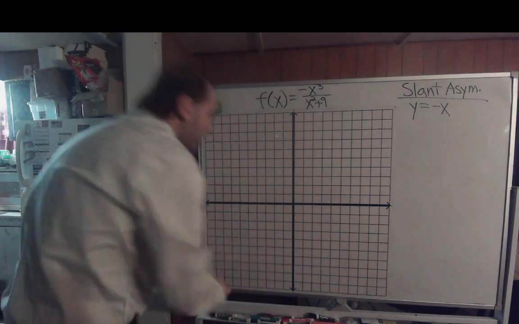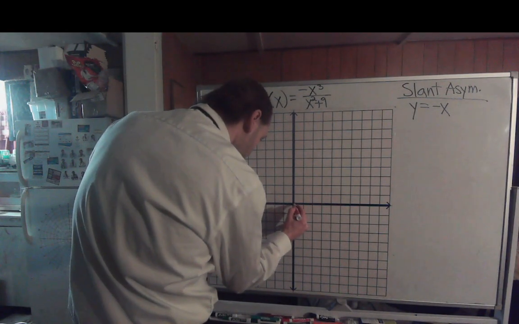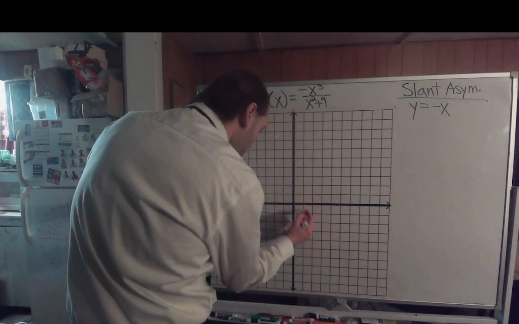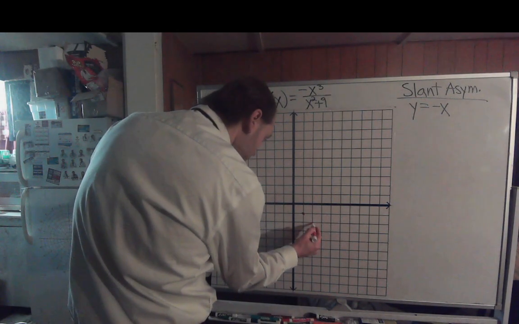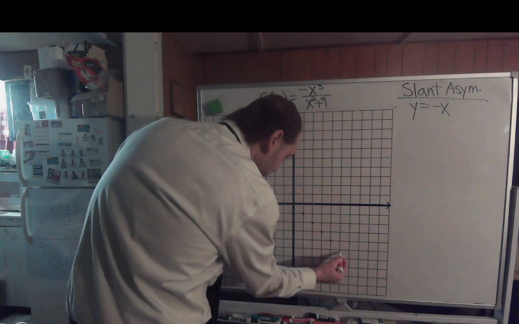So let's go ahead and graph that. So still a 0 here. 1, I get negative 1. 2, I want to draw sufficient points so it's accurate.